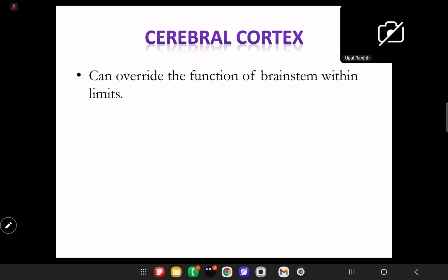Central controller. So mainly in the pons and the medulla, but various other parts of the brain also can influence this control system.